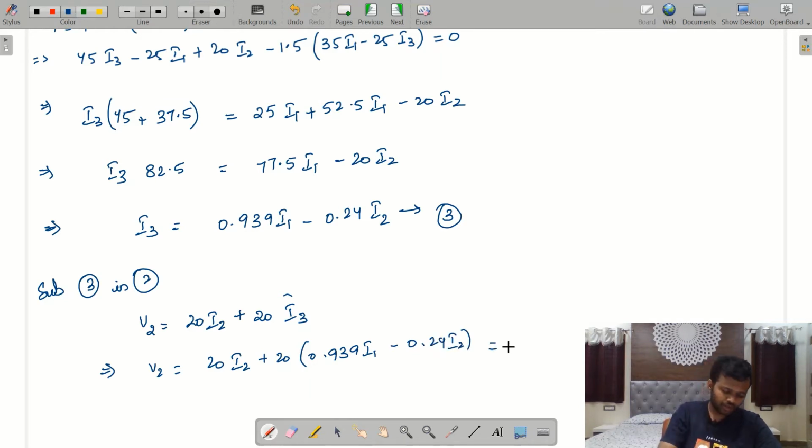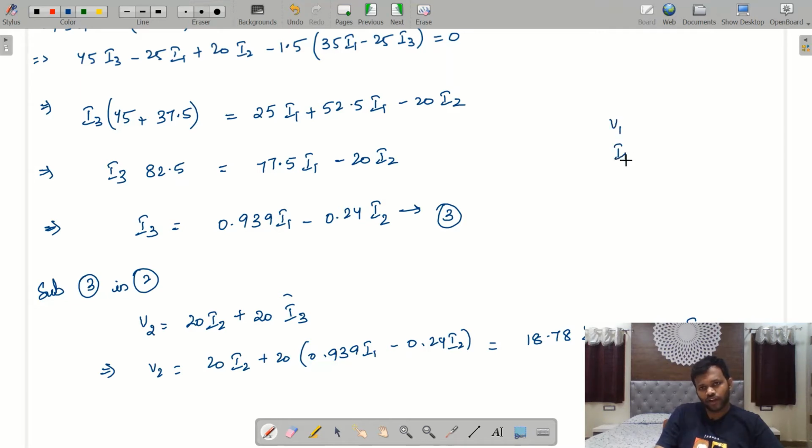So I1 into 20 into 0.939, which will be 18.78 I1, plus 20 minus 20 into 0.24, which will be 15.2 I2. But in ABCD parameters, what will we write?